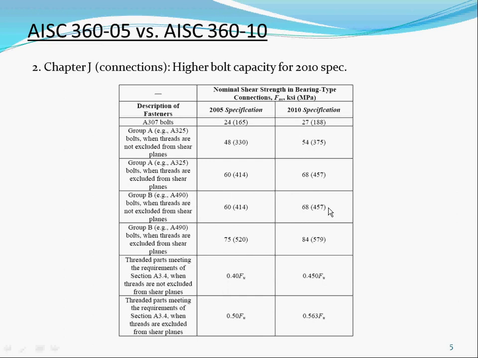When we get into the design of the connection, I'll tell you which grade of bolt we're using and where we're using them. But mainly we're using the A325 and A490. So we're using both types, and you can see both of them are increased. This is where the threads are not included. So you see the differences. They're pretty much the same increase for both of them.